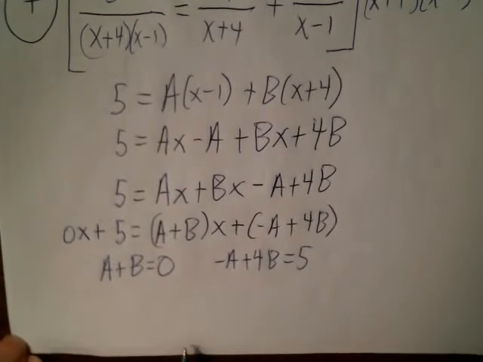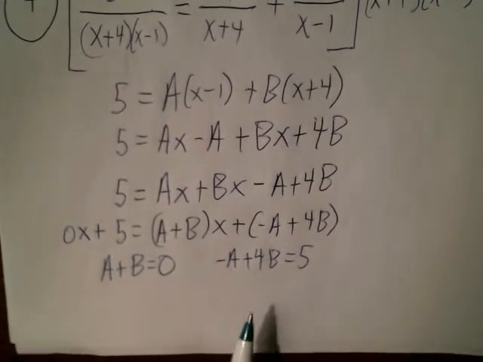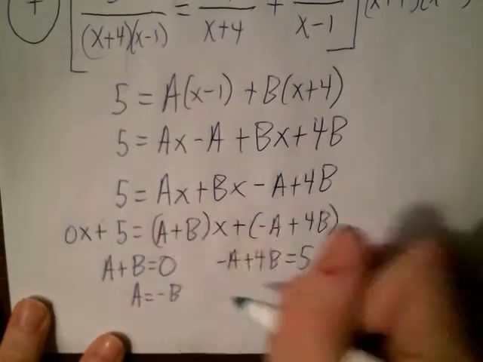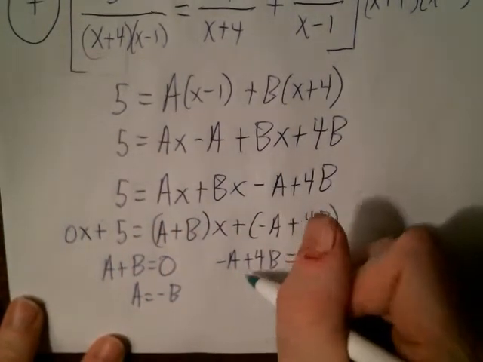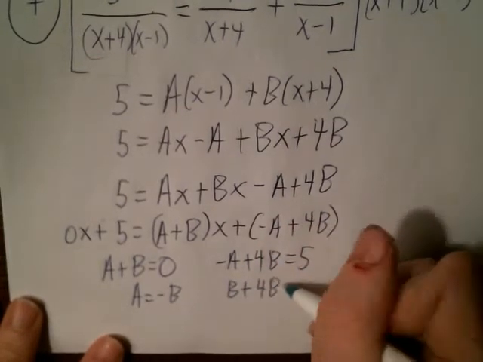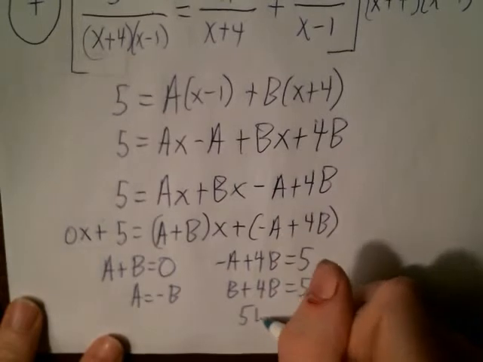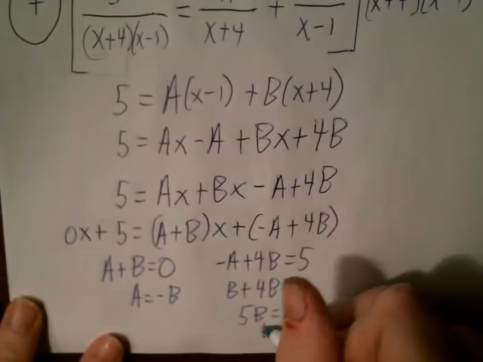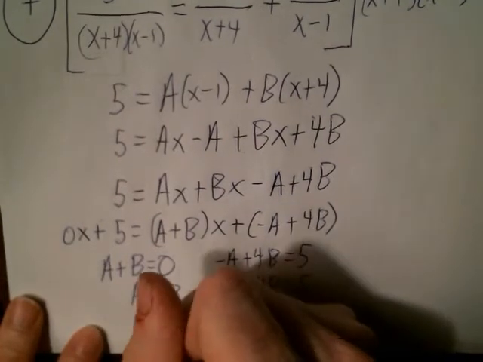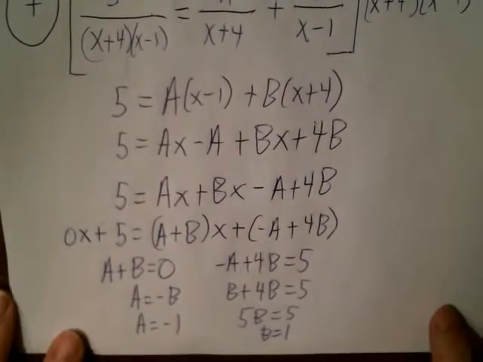And then you use whatever you want to use to solve the system. Usually I just do substitution, so A is negative B. So I can plug negative B in here. Negative B plus 4B is 5. In other words, 3B is 5. Actually, as stated: negative B is B, plus 4B is 5, in other words, 5B is 5, so B is 1. And then plug 1 in for B here. A is negative 1.